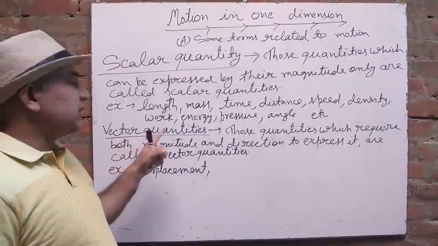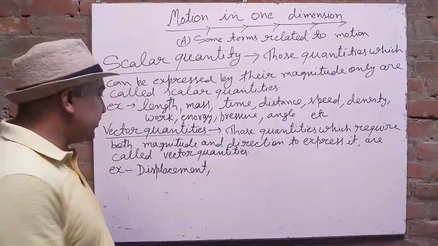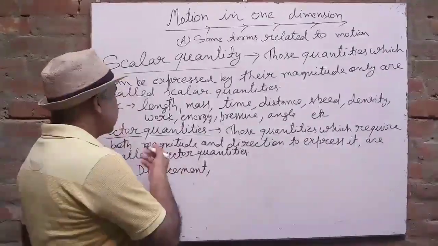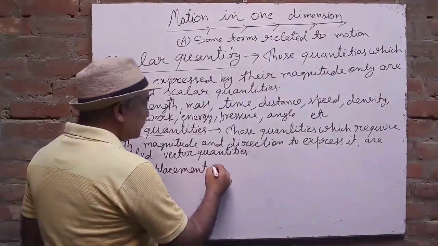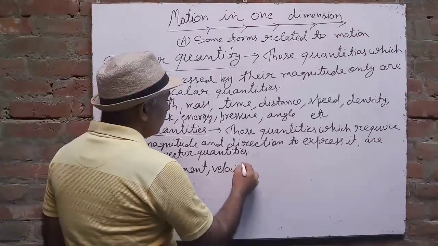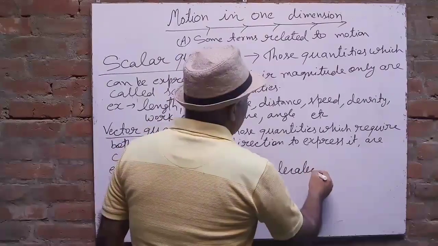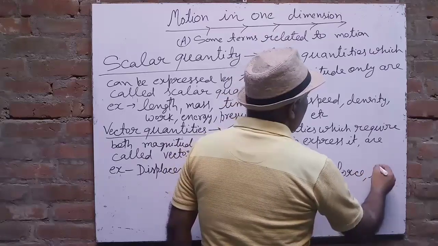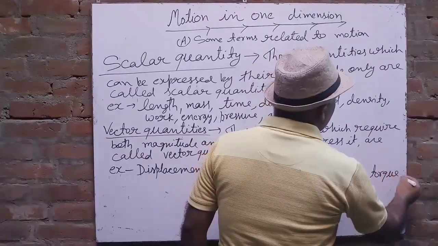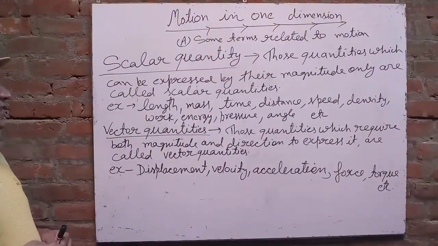That means vector quantities are those which require both direction as well as magnitude. So force is also an example of vector quantities. Now see some more examples: velocity, acceleration, force, torque, etc.